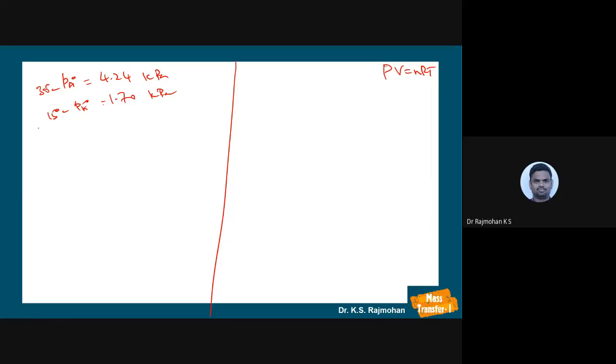So first, saturated molar humidity can be determined. Okay, so how to get that one? Saturated molar humidity is nothing but Pa naught by P total minus Pa naught.